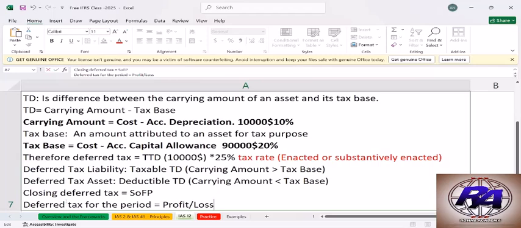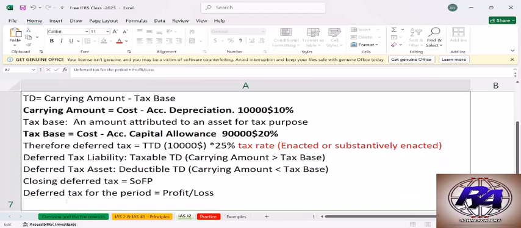Now, you have to be careful. Please, you have to be careful. At any point in time, you have to ask yourself, is this a closing deferred tax, or is it the deferred tax for the period? So let's go ahead with some mathematical calculations.